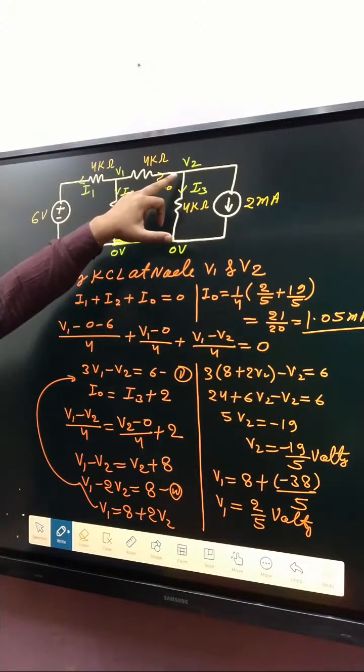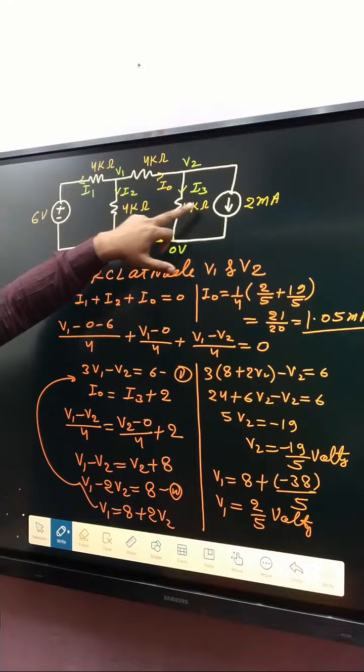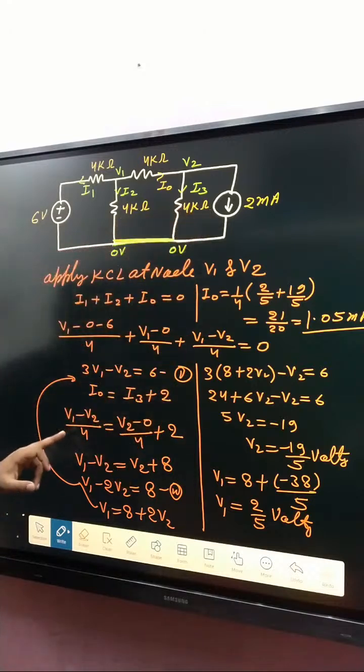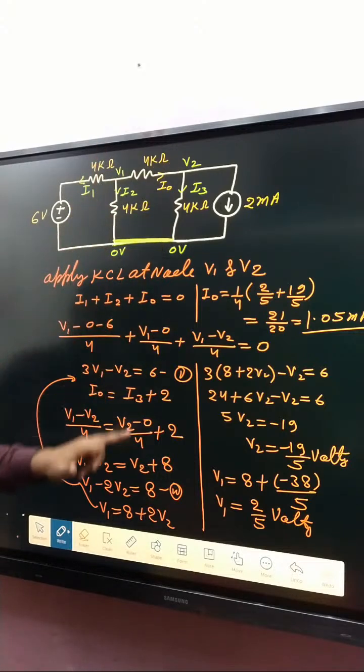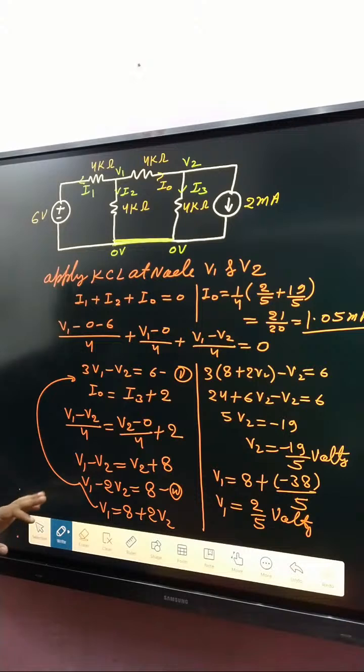Now the next target is to apply KCL at that node. Incoming current I naught, here I3 plus 2, written like that. I naught is V1 minus V2 divided by 4, and that one is V2 minus 0 divided by 4, and that is 2 milliampere. After that, take the LCM. Then V1 minus V2 is equal to V2 plus, if multiplied by 4, then we get that. After that, if this goes to the other side, V1 minus 2 V2 is equal to 8. So V1 is basically 8 plus 2 times V2.